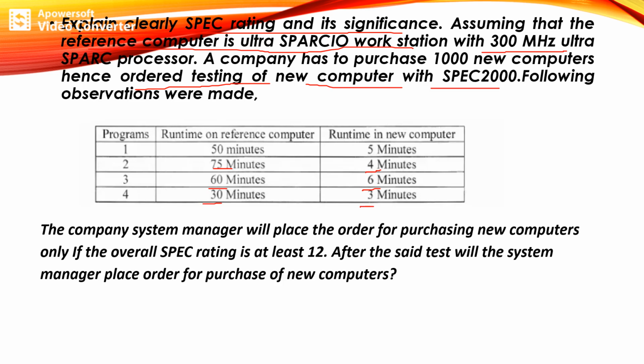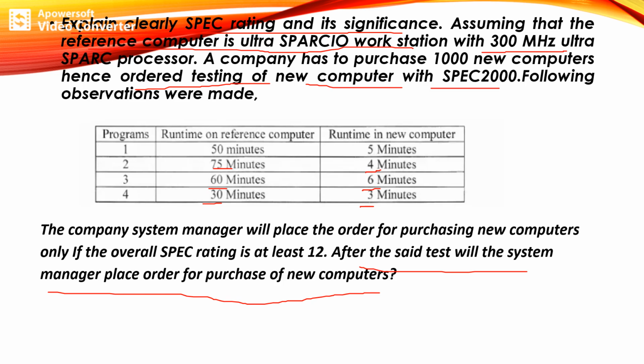Now the company system manager will place the order for purchasing the new computers only if the overall SPEC rating is at least 12, that is minimum 12. After the test, will the system manager place the order for purchase of new computers or not?